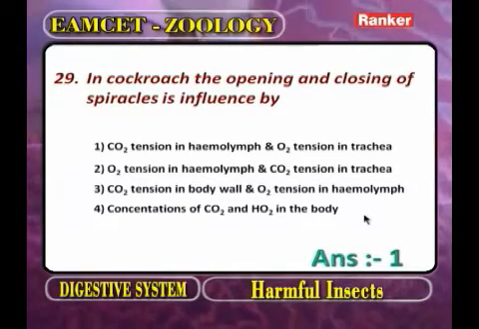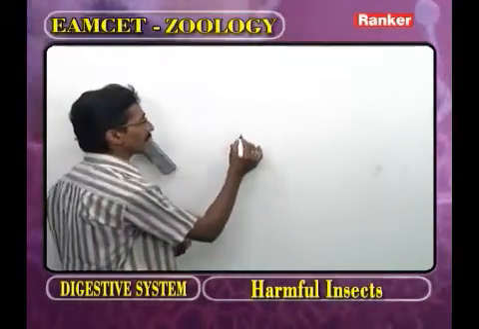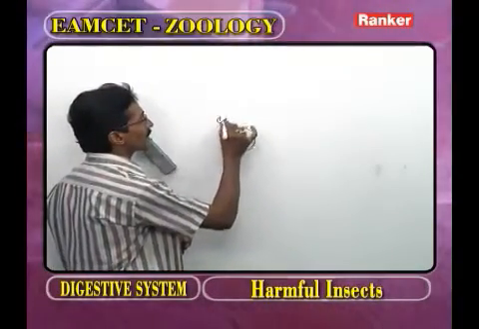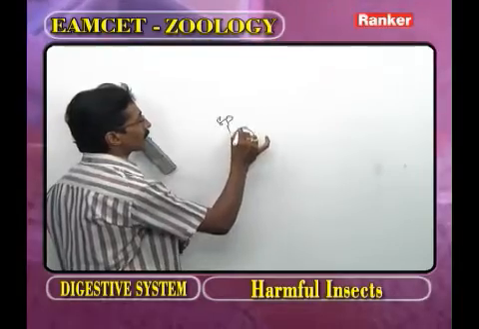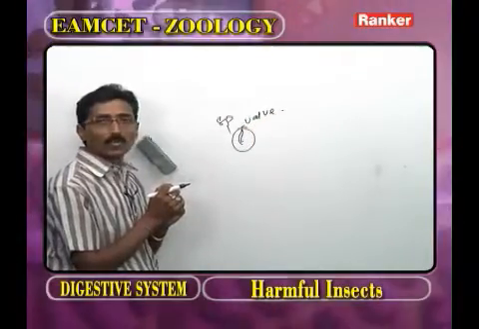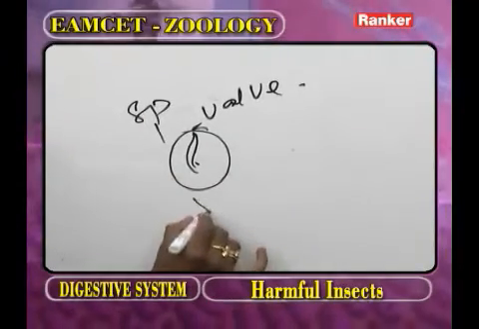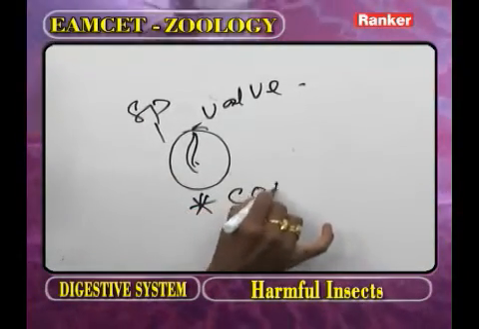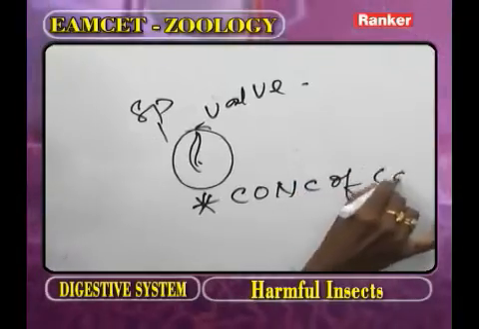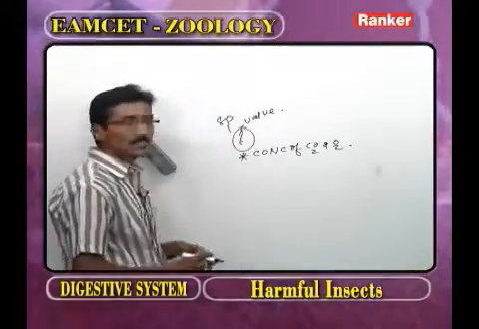Now the question is about the opening and closing of spiracles in the body of cockroach. This one we call the spiracle and this part we call the valve. All spiracles are valvular. The opening and closing of spiracles is based on, one, the concentration of carbon dioxide and oxygen; this answer is correct.